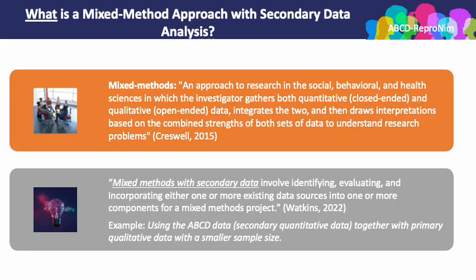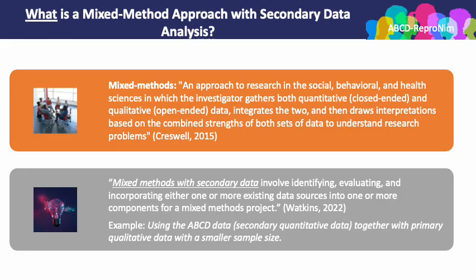So in essence, a mixed methodology involves collecting two different kinds of data, whether it's quantitative and qualitative or vice versa. Now, when you combine mixed methodology with a secondary data set, what this essentially means is that you are using a secondary data set in combination with some other primary data collection.